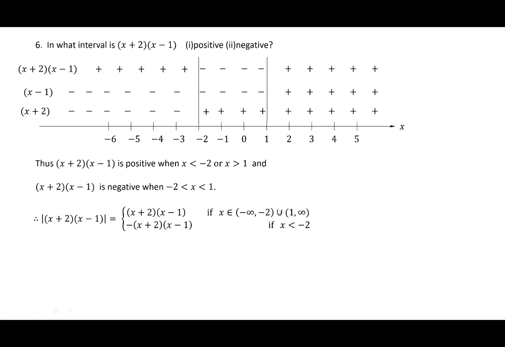So whether we are in this interval or in this interval, we get a positive value for x plus 2 times x minus 1. So we'll replace the absolute value of it with the quantity itself, whereas on the interval negative 2 to 1, we have negative of the quantity.